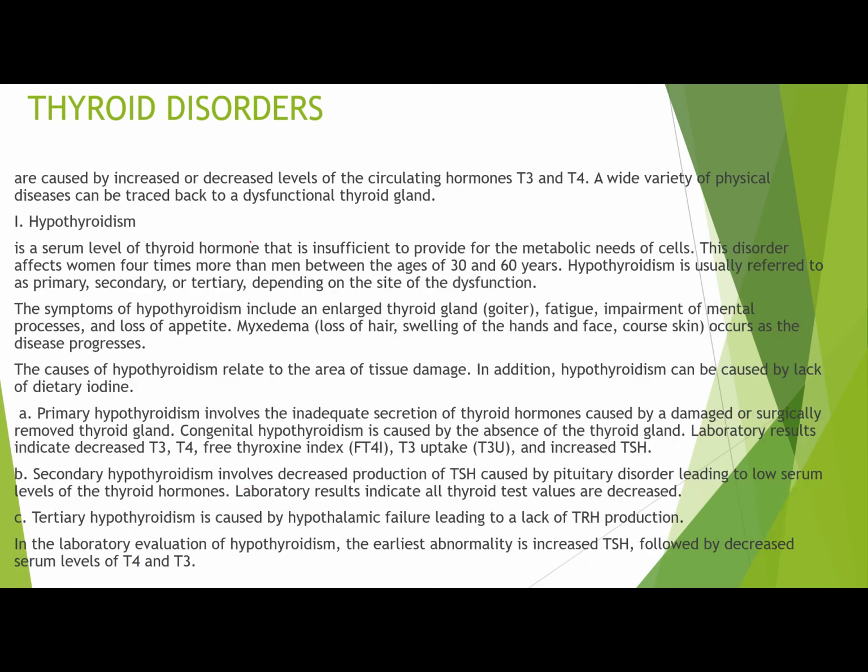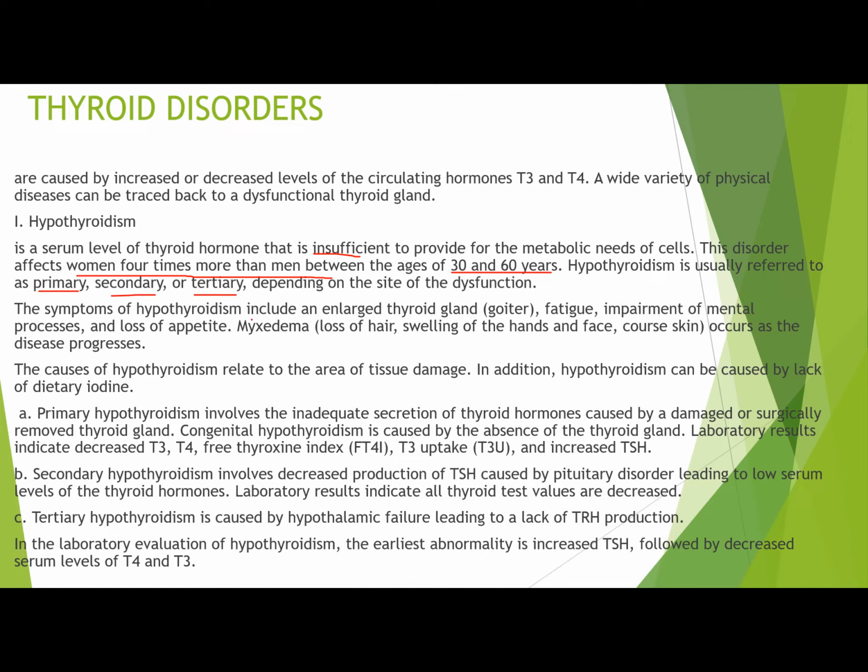This disorder would usually affect women 4 times more than men. So, mas common sila sa babae between the ages of 30 and 60. Hypothyroidism is usually referred to as either primary, secondary, or tertiary, depending on the dysfunction.